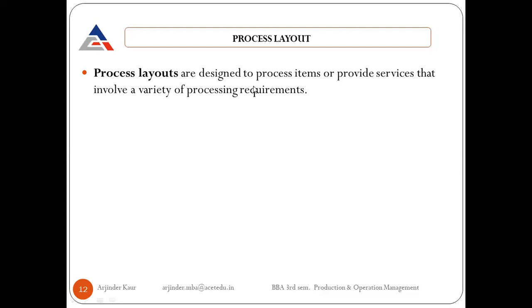So here machinery cannot be arranged in a line or in a sequence. It's not possible to arrange it that way because processes are more important than the product being manufactured. It is also called the functional layout, or the batch layout.